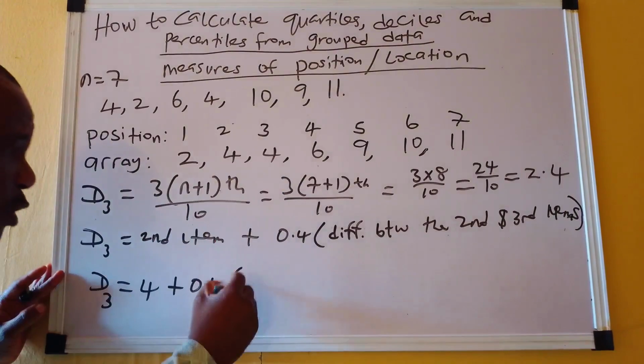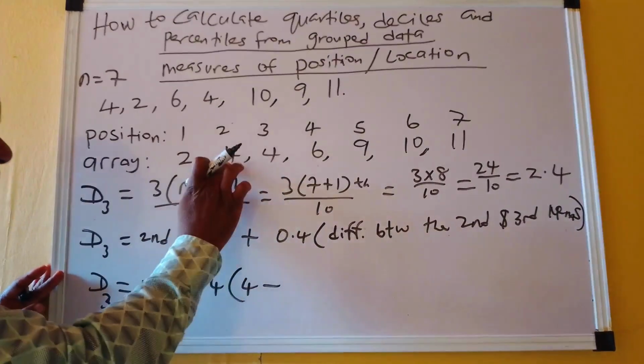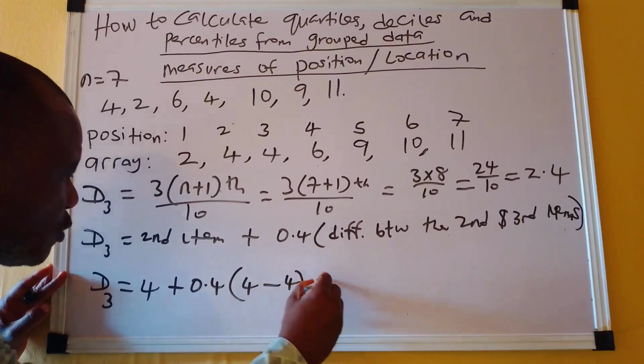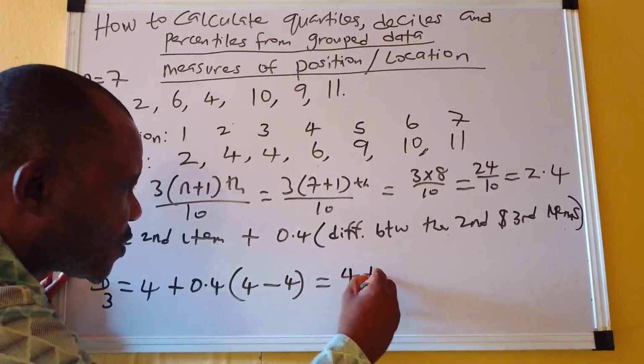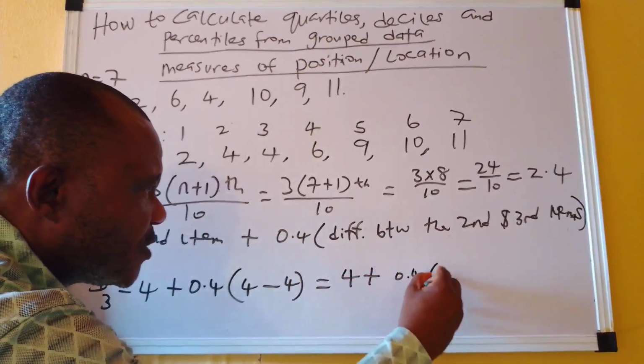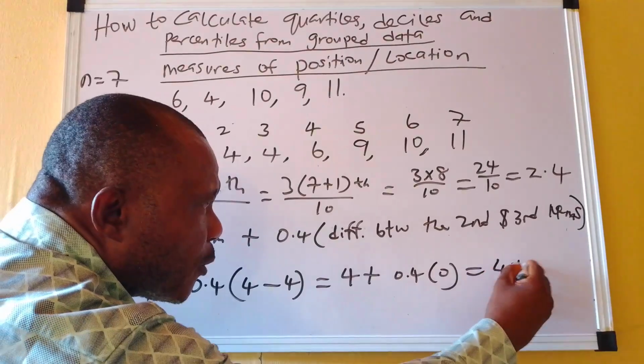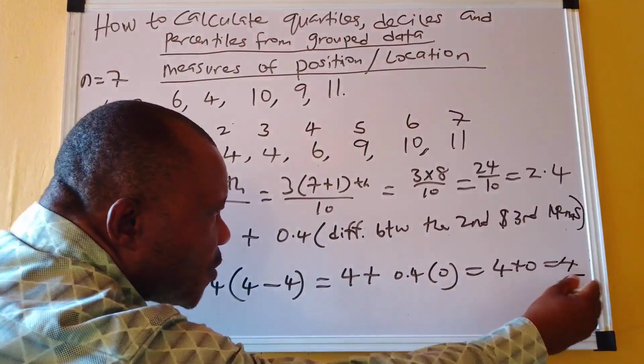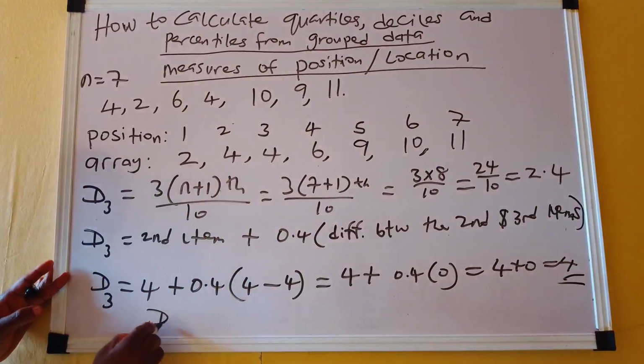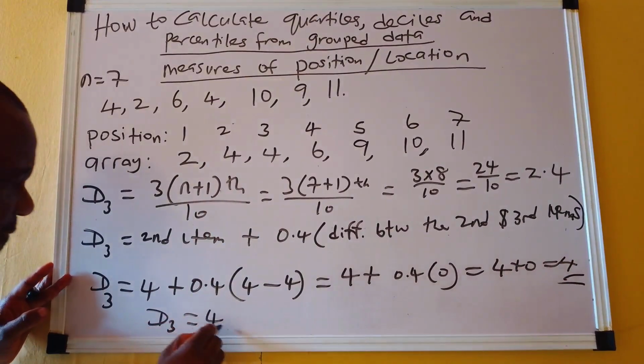The one in the third position is 4, minus the one in the second position, which is 4. So this will be equal to 4 plus 0.4 into 0, since 4 minus 4 is 0. So it will be 4 plus 0, and is equal to 4. So our third decile is 4.